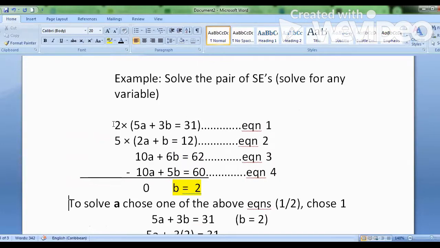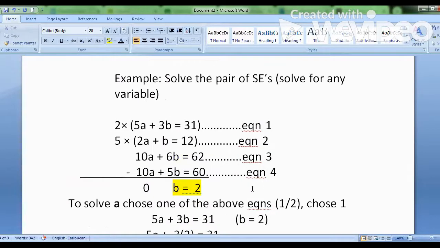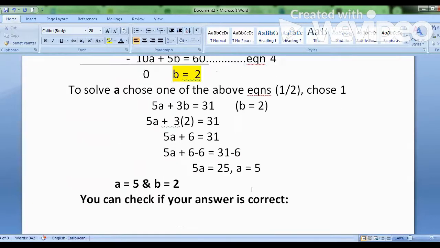We started off with the distributive law, then we used substitution, and then solving linear equations. It's a lot of concepts. Any questions?